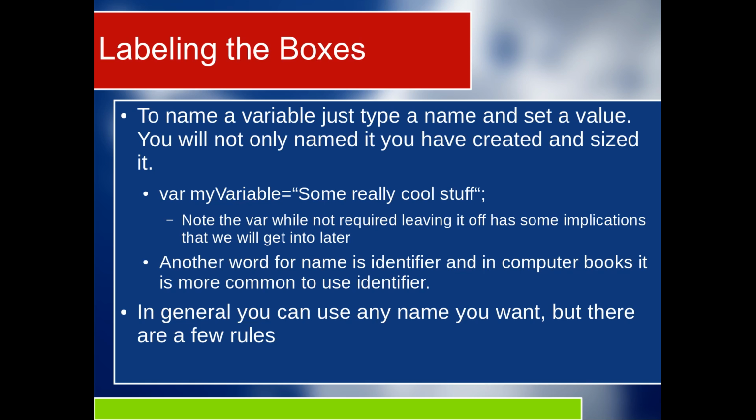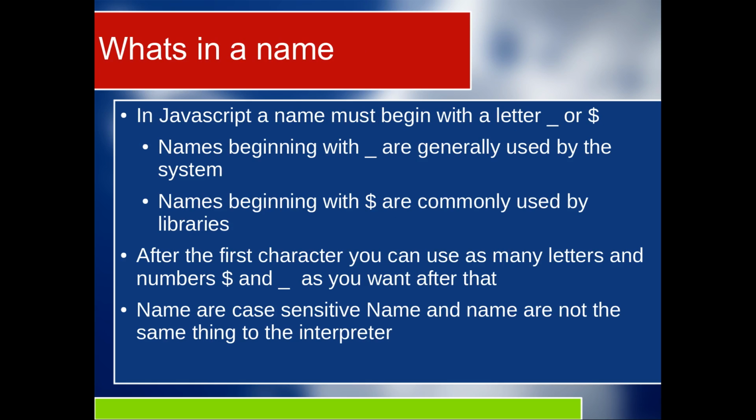Another word for name is identifier. In computer books, it's more common to use identifier when they talk about names. In general, you can use any name you want, but there are a few rules to these names. All names must begin with a letter, an underscore, or dollar sign. But an underscore at the beginning is usually used by the system, and dollar signs are commonly used by libraries.